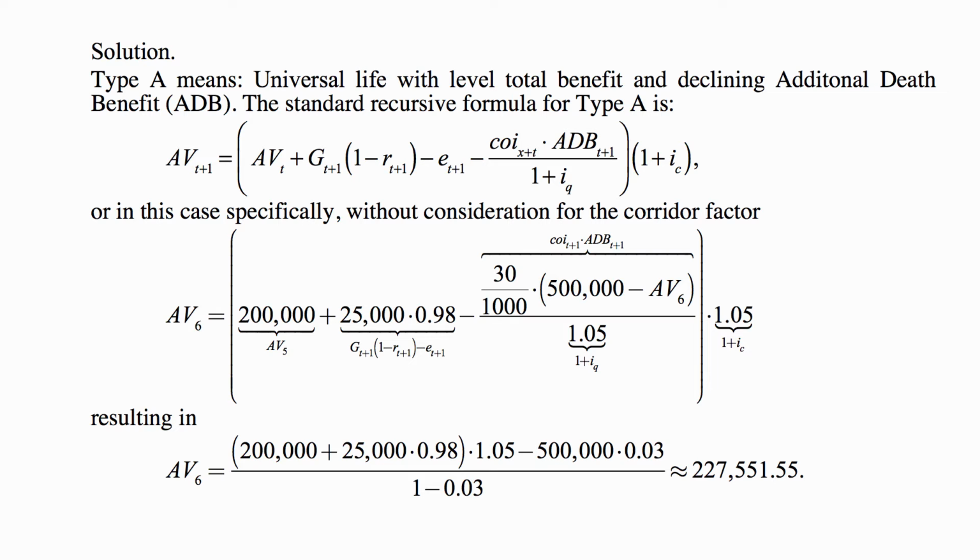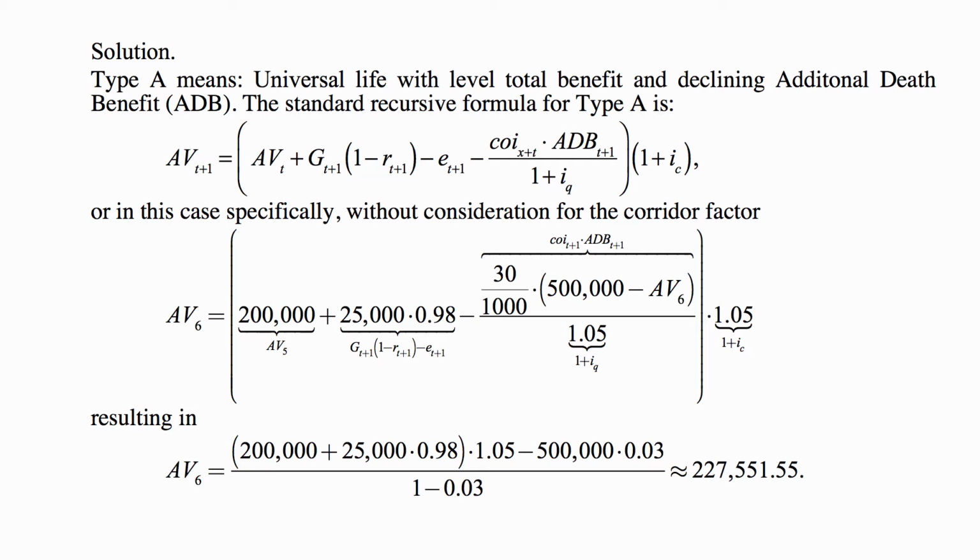The R sub T plus 1 here refers to the expenses that are a percentage of premium, while E sub T plus 1 refers to the expenses that are not a percentage of premium but all the other ones.